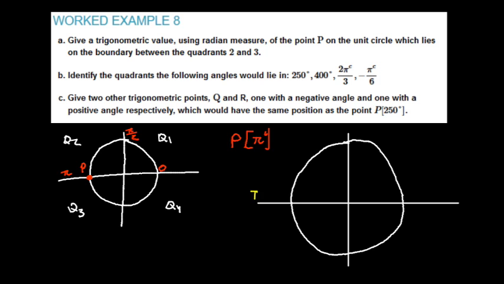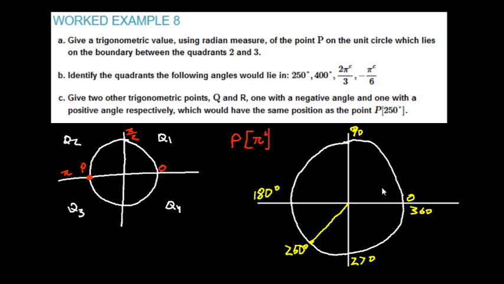This time we're actually talking about degrees. So I've got 180 from 0, and then I could go back to 360. This would be 270 and 90. Using our angles, it's obviously more than 180, but less than 270, so it would be roughly over here. So this would be 250.